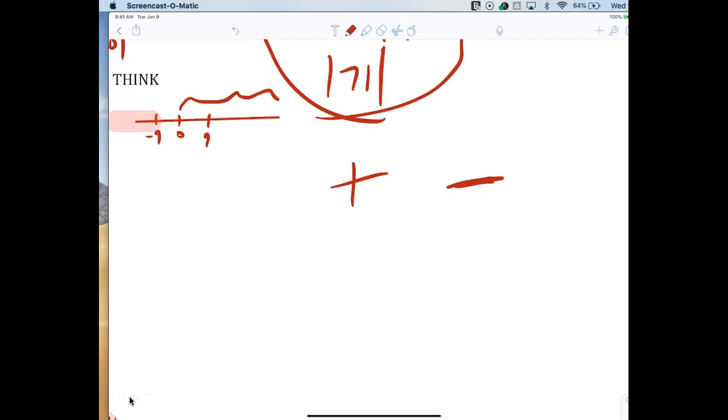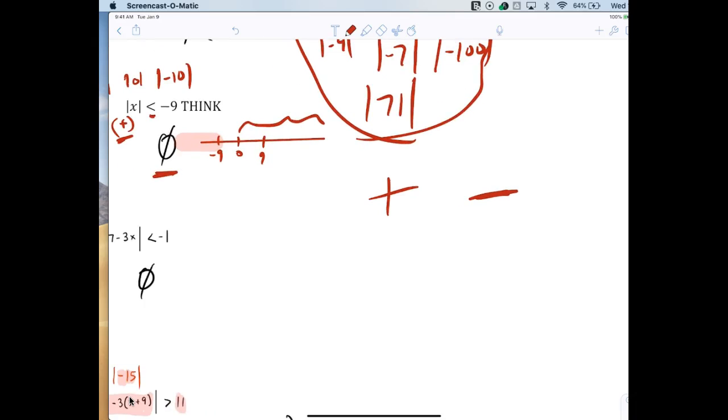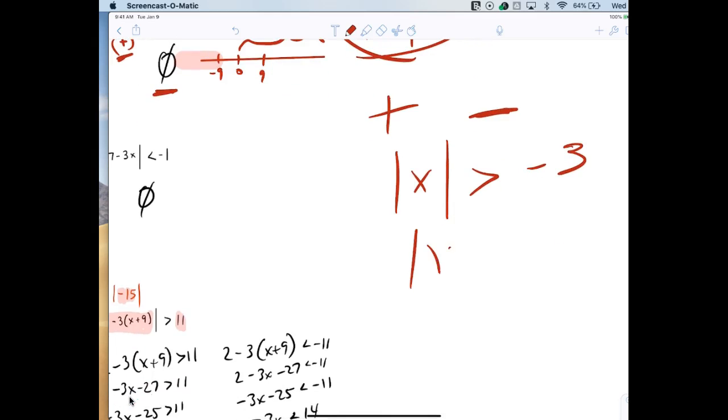And if I said, when is the absolute value greater than -3, when would you tell me? Always. Exactly. If I said, when is the absolute value going to be less than -10? Never.